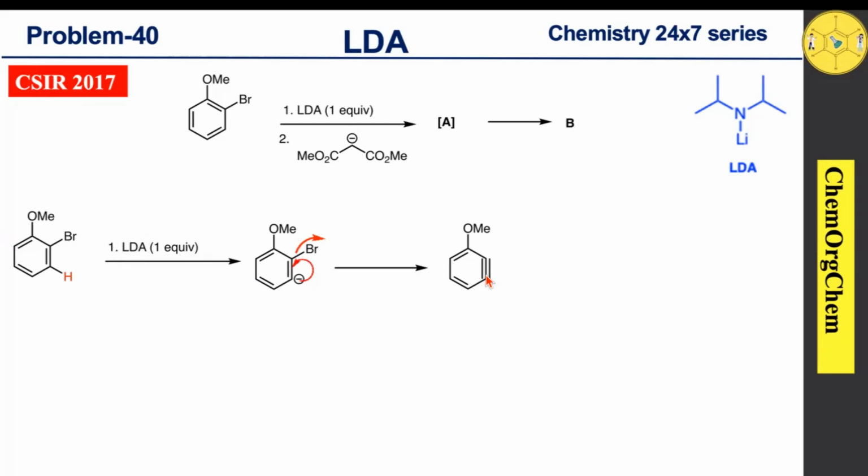Let's think about how this triple bond is formed. Here you see this triple bond contains one sigma bond and two pi bonds. One of the pi bonds is present inside the ring and another pi bond is present outside the ring. The sigma bond is formed between two sp2 hybrid orbitals. The pi bond present inside the ring is formed by the overlap of p orbitals and contributes to the conjugation.